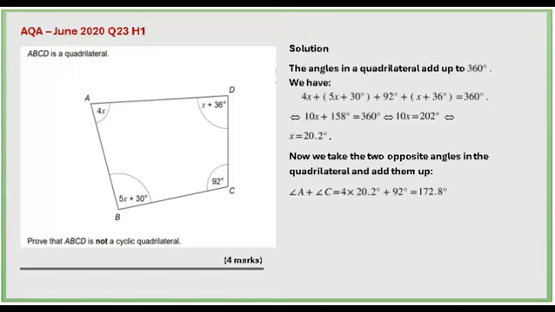Instead of x, we substitute its value, 20.2 degrees. So we have 4 times 20.2 degrees plus 92, which adds up to 162.8 degrees.